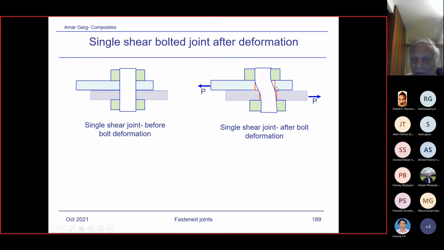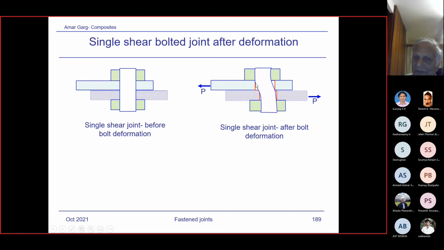So that means rather than having the fastener making contact with the laminate throughout the thickness, it is not there. It partially makes contact. That means it applies higher stresses over here, then high stress in this region.